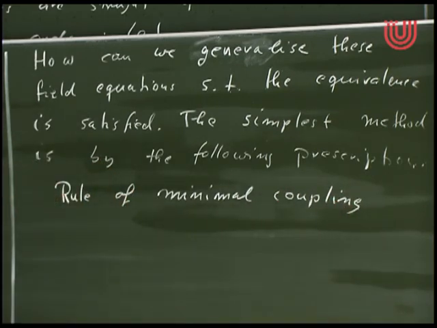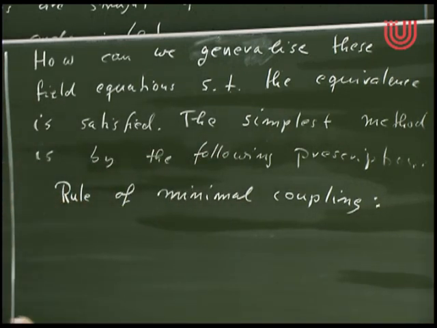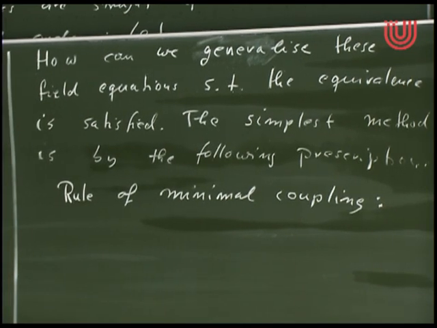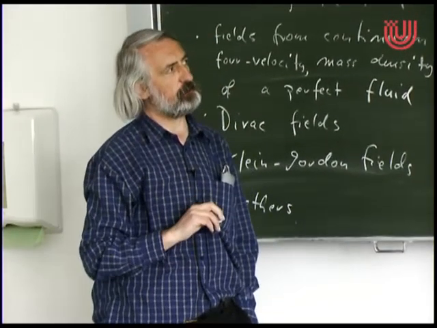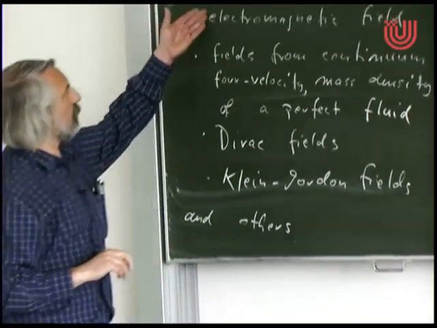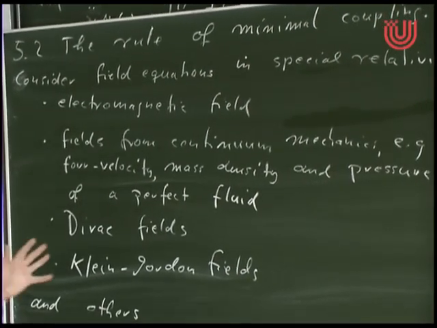So it gives us a certain rule how to switch on gravity, how to couple the field to gravity. And it says the following. Begin by writing the equations in special relativity in inertial coordinates, what we always used. These coordinates which are related by Lorentz transformation. We always use these coordinates in special relativity. And when we wrote down the electromagnetic equations and the continuum mechanics equations, we did it in these coordinates.